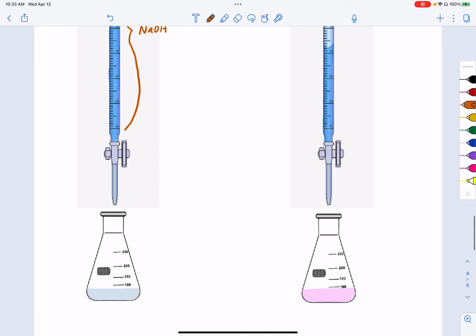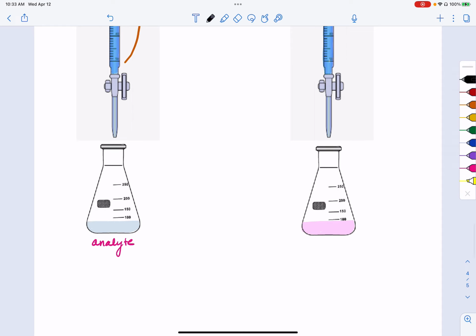And down here in my analyte flask, this is where I have 1.00 milliliter of my car battery acid. I've got 49 milliliters of DI water because I was told that I had diluted to a total volume of 50 mL.